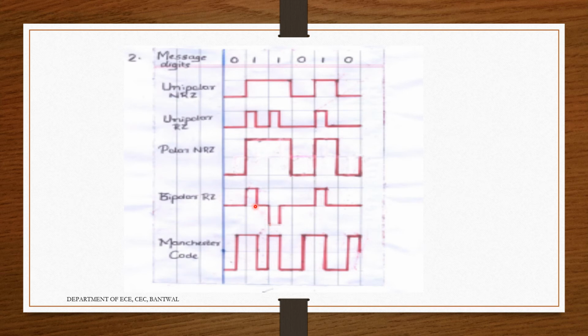Similarly alternate marking is there, so odd numbers will become +1, even numbers will become -1. Manchester code: -1 +1 for 0, +1 -1 for 1, +1 -1 for 1, for 0 -1 +1, for 1 +1 -1, -1 +1.